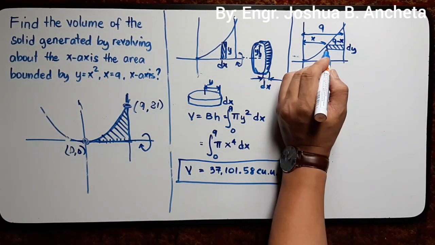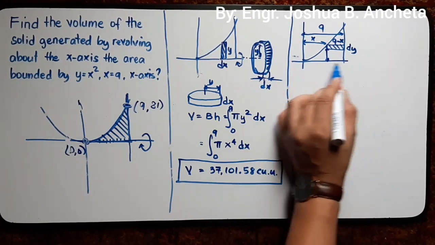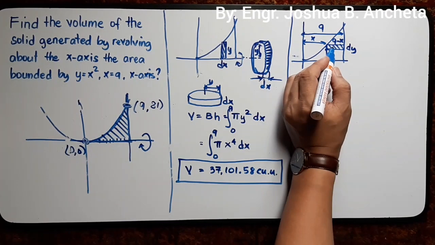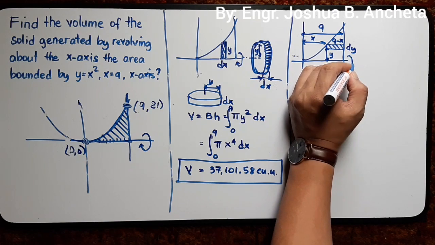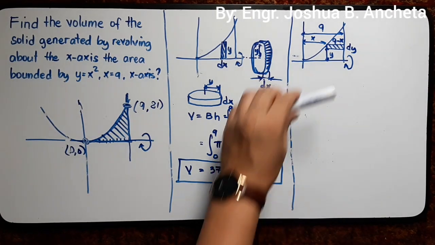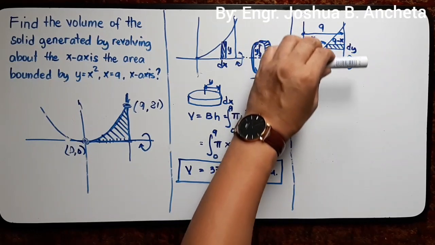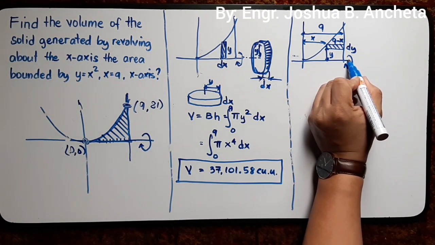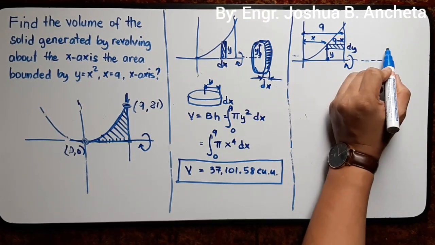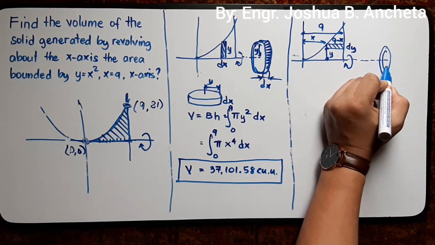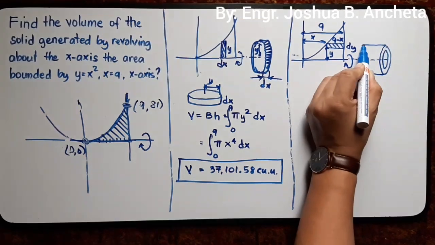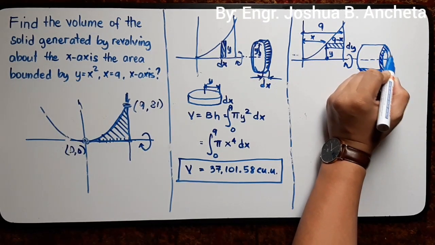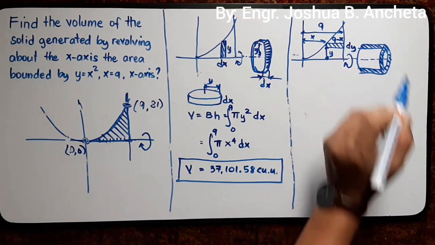The distance of this strip with respect to the x-axis is y. Our strip will revolve about the x-axis. Imagine this strip revolving about the x-axis. This will generate a solid figure, as illustrated here.